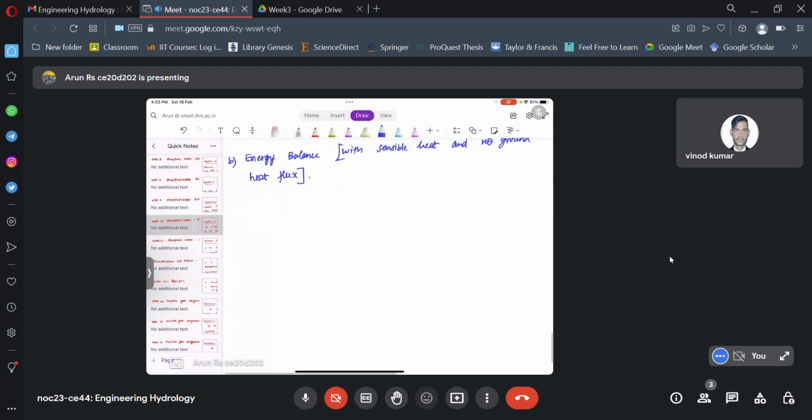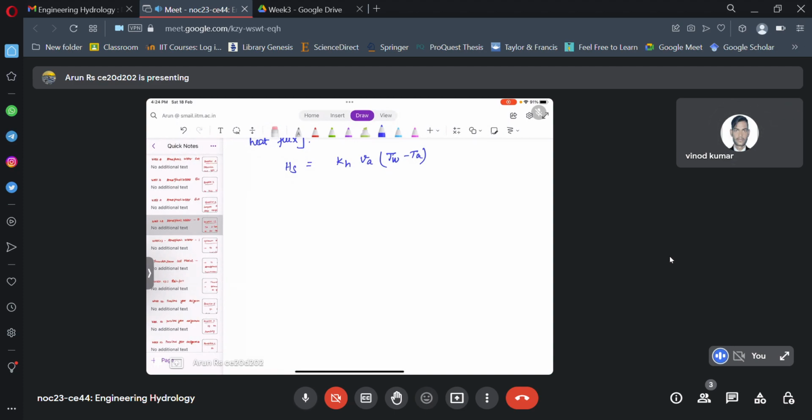So sensible heat can be calculated as Hs is equal to Kh into velocity of the wind into temperature of the water minus temperature of the air. This is the expression that has been derived. So using this expression we can compute how much is the sensible heat.